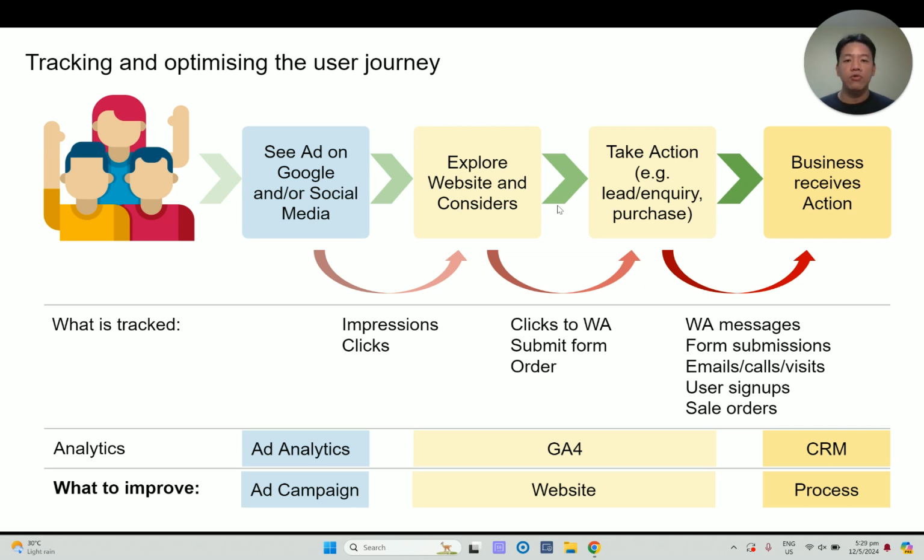And how do we know that it is the website that needs to be optimized and not the ad campaigns? Well, that's why we are looking at the data that's being tracked, and by breaking down exactly where the data does not tally or falls off, we will know exactly where the area to improve is, right?